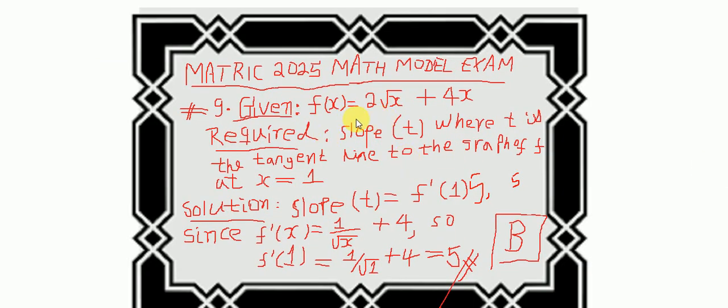We are given this function, 2 root x plus 4x, and we are required to find the slope of t, where t is the tangent line to the graph of this function at the point x is equal to 1. So in order to find the slope of this tangent line, slope of the tangent at 1 means the derivative of the function at 1. But what is the derivative of the function at 1?